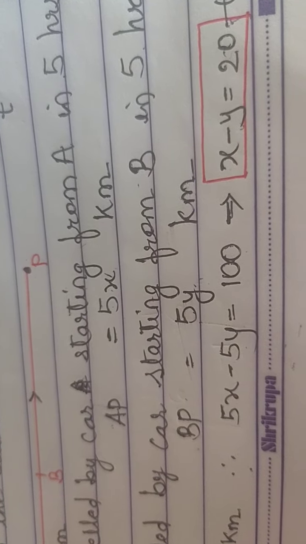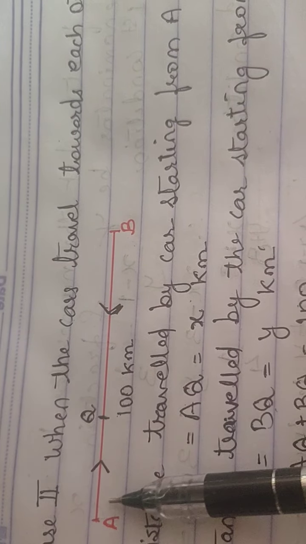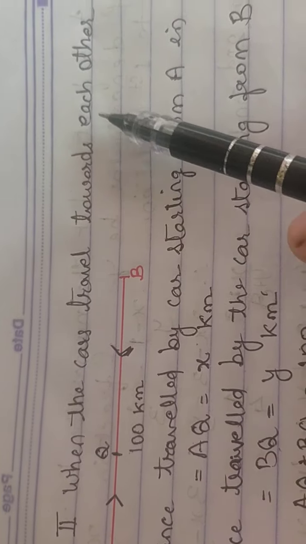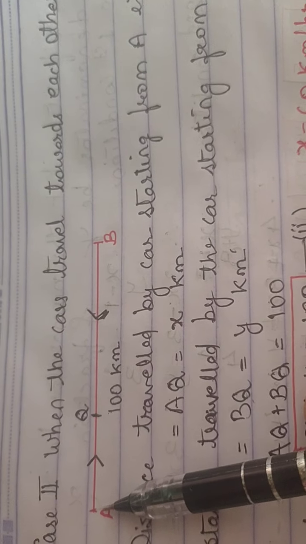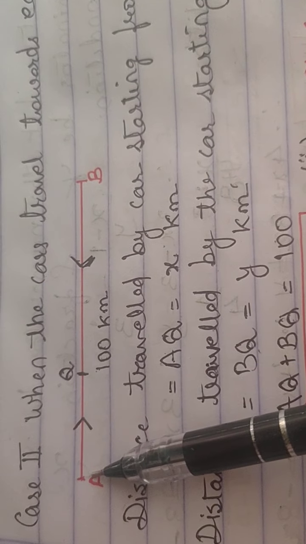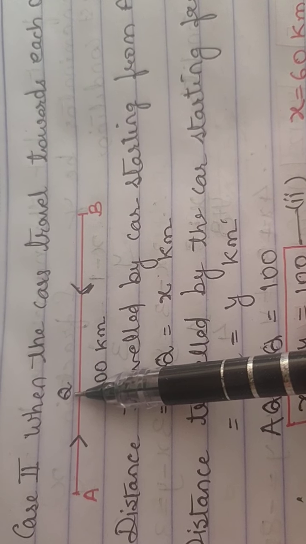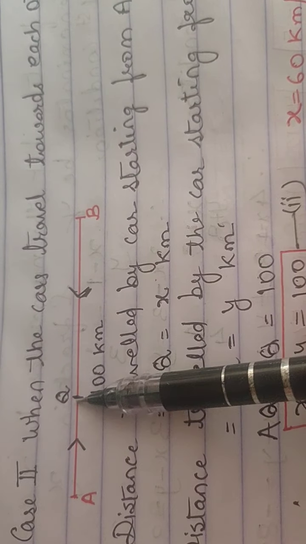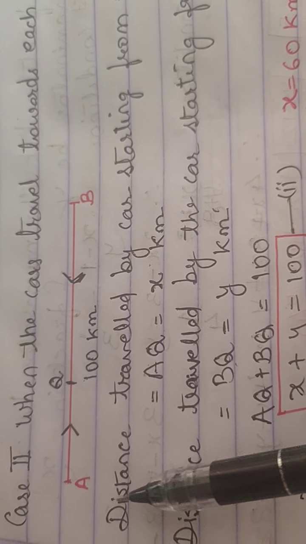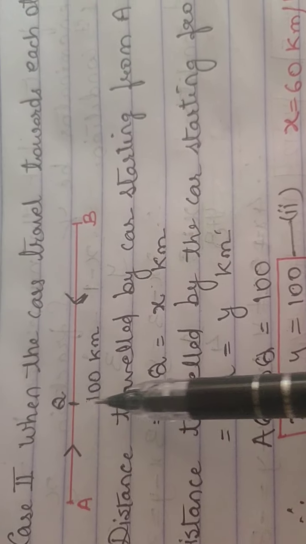And in the second case, the car moves in the opposite direction, that is towards each other, when cars travel towards each other. Okay, now again we'll find the distance AQ and the distance BQ, distance covered by the car which starts from A and distance covered by the car which starts from the place B. So the time is given, it is 1 hour.